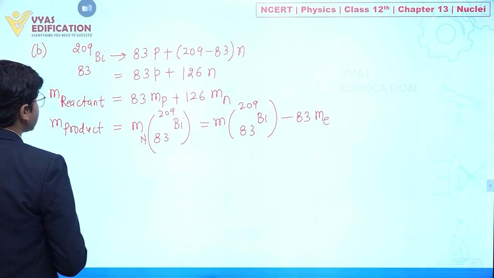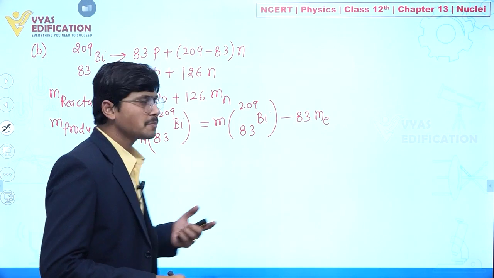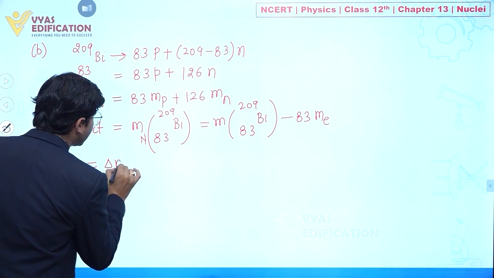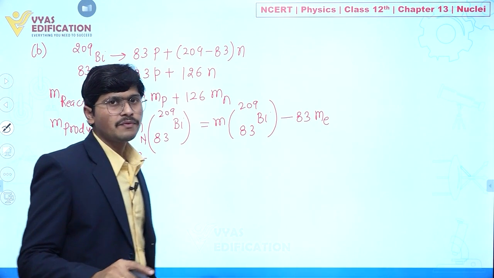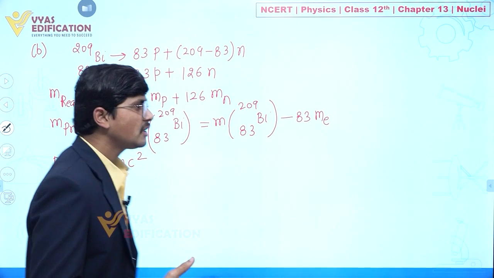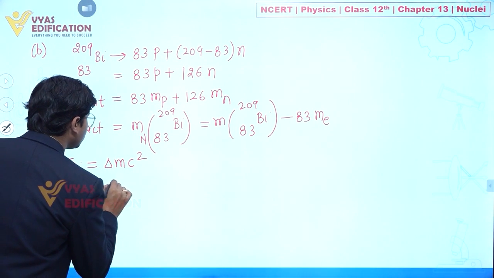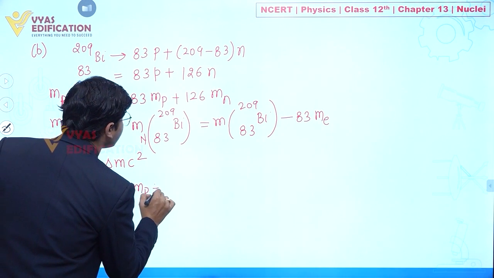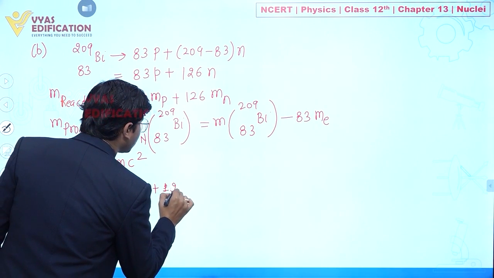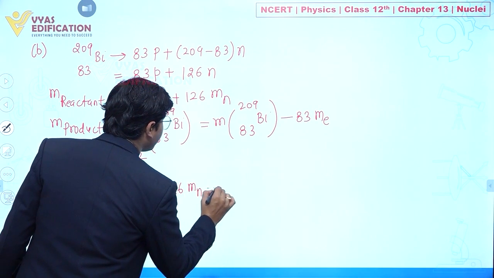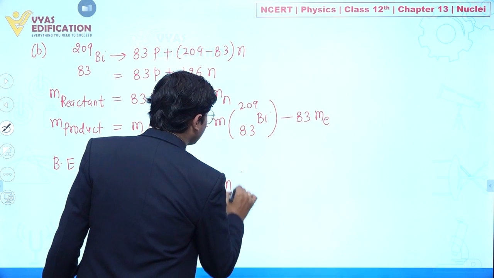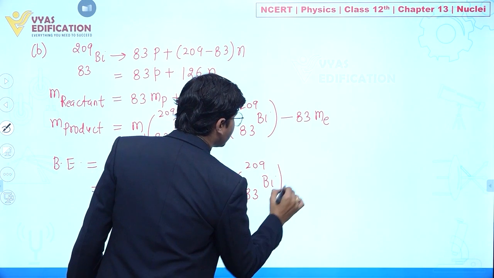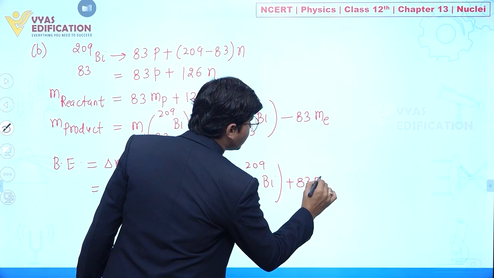So now you can see if you write the expression of binding energy, it is given by delta m c square. But if you want to find this binding energy in terms of million electron volt, so this should be equal to 83 mass of proton plus 126 mass of neutron minus 83 bismuth 209 plus 83 Me.